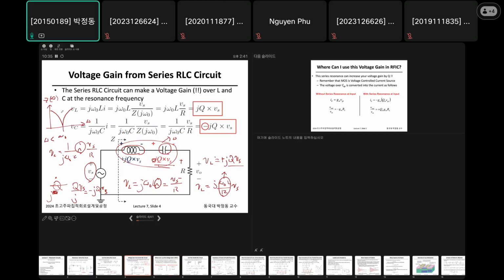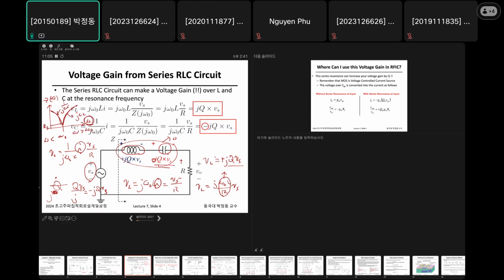Therefore, as the frequency goes up, impedance gets lower and lower. However, if omega is higher than omega 0, then it looks inductive. As the frequency goes higher, impedance goes up like this. This is the main characteristic of a series RLC network. Here it becomes R.